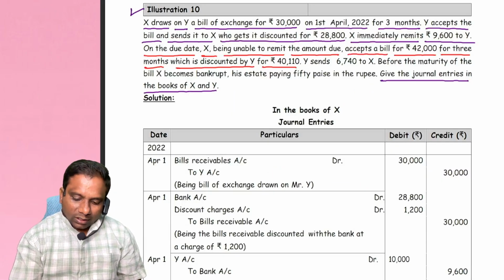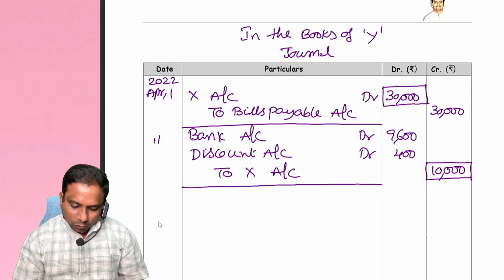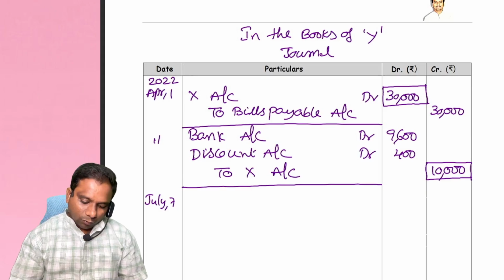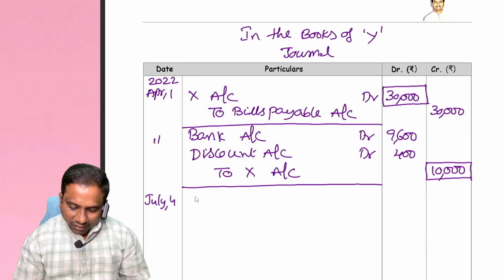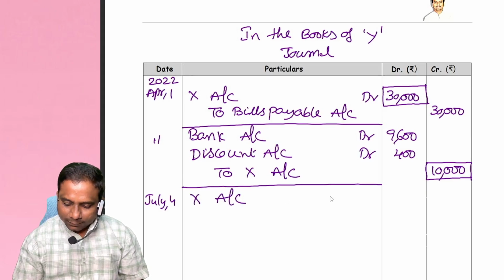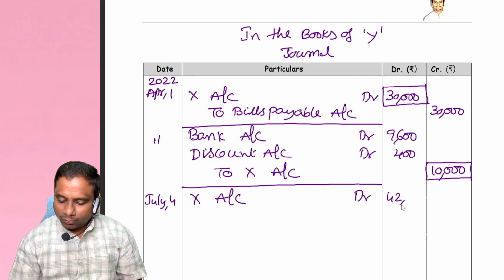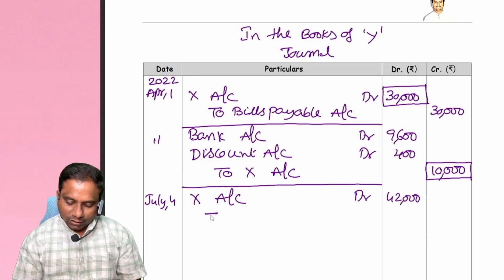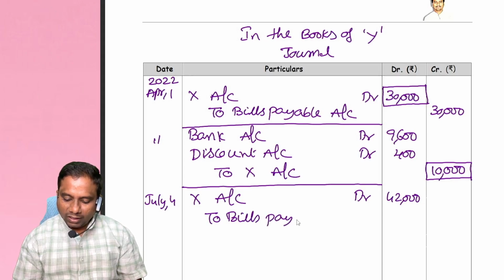Tell me, on the due date they said, now what is the due date here? 4/7/2022, that means July 4th. We are drawing a new bill. Entry: X account debit. For how much amount are we drawing a bill? 42,000, to bills payable account.